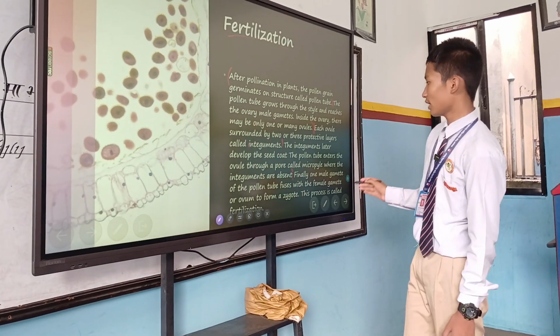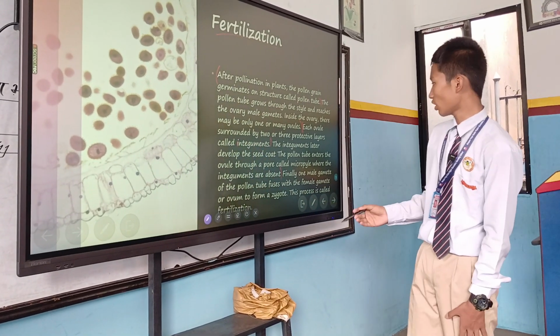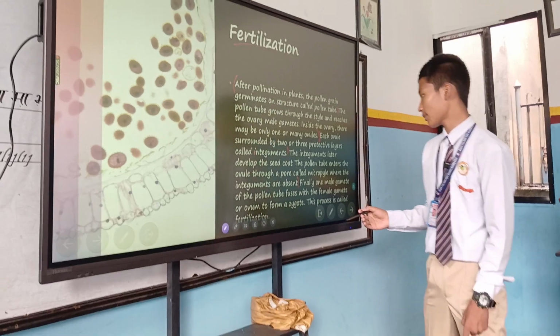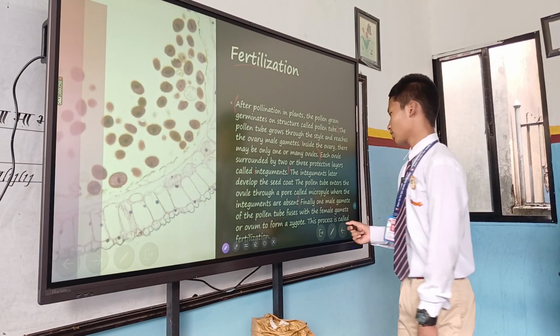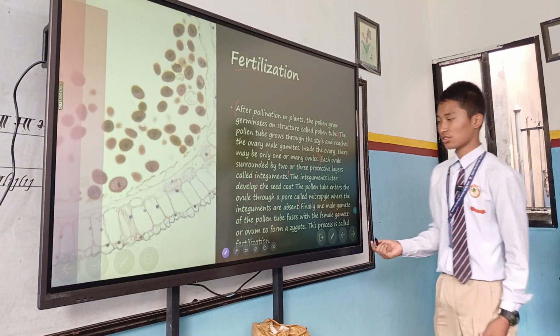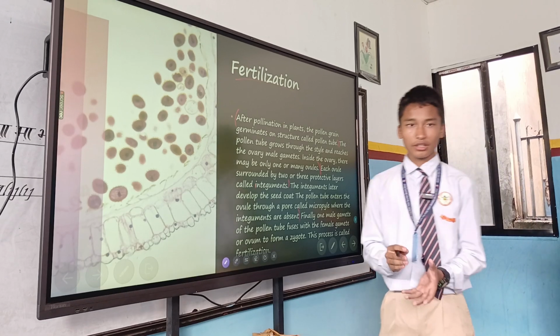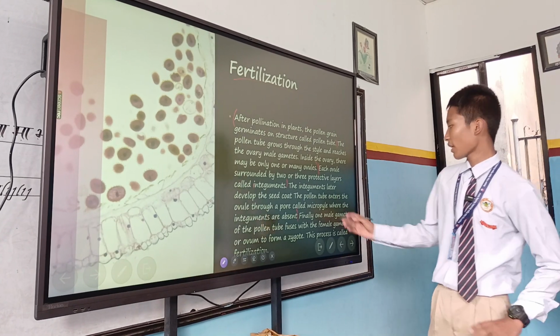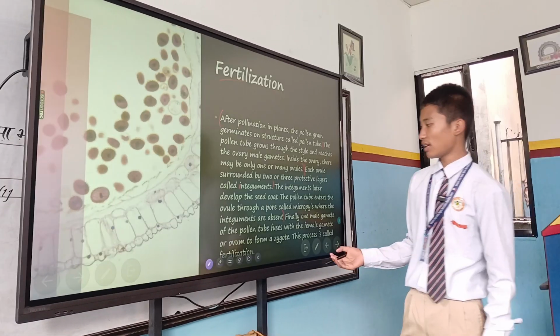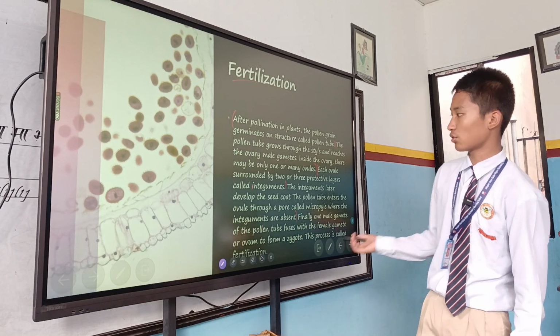The pollen tube enters the ovule through a pore called the micropyle, where the integuments are absent.